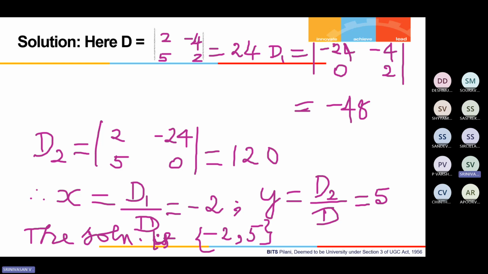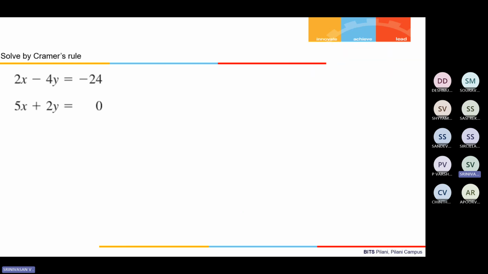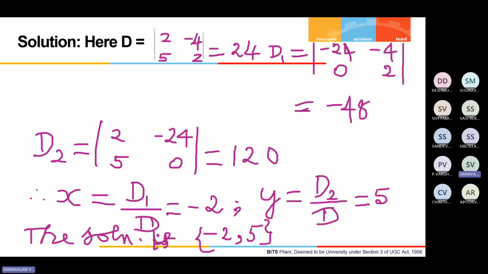Again, you are going to use only the constants. Minus 24, 0 became the first column for D1, and minus 24, 0 becomes the second column for finding y. So 2, 5, the first column remains the same, and minus 24, 0 is the second column. So 2 into 0 minus of minus 24 into 5, that is 120.